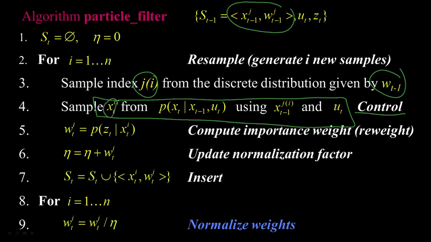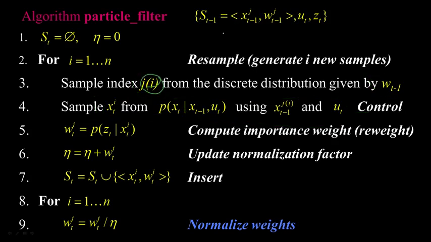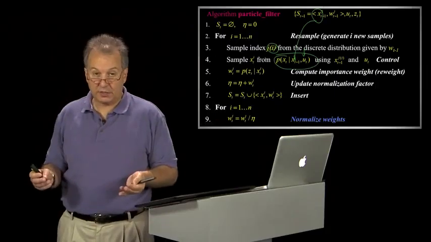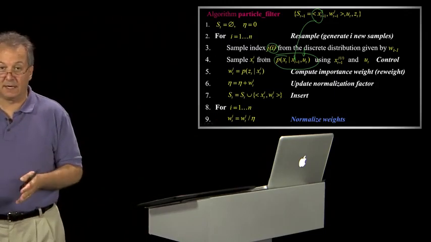We sample a new state using two things. Whatever the old one was, so that's the value we pulled from the particle, right? That's this xt here. We've sampled a particle. It has a particular state. That goes right in there. We also have the action. And then we have to sample from the new distribution. So let's suppose the action is take a step a meter to the right.